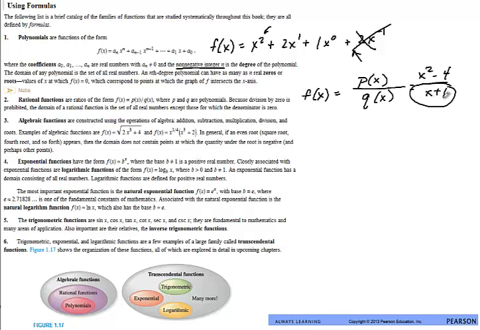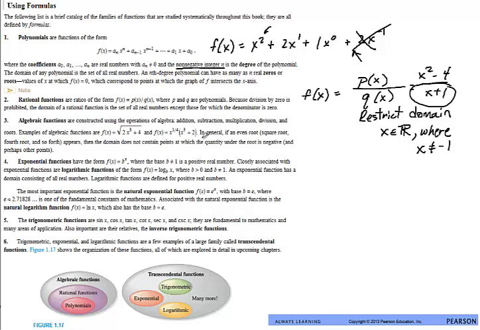So rational functions have restrictions on domain. So let's restrict the domain so that the denominator is not equal to 0. I'd say x can be anything where x is not equal to negative 1.